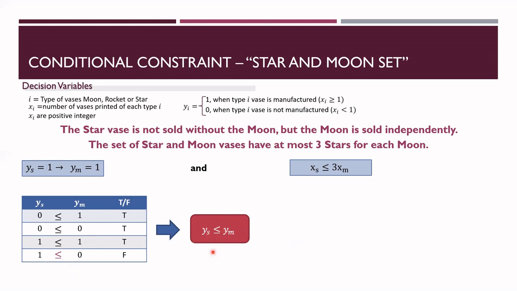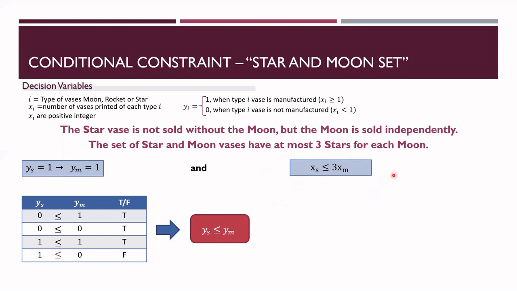But when you compare these two equations and we remember the relationship between xs and ys and ym and xm, we easily realize that this one is way more limiting than this one. So this one is inside this one.